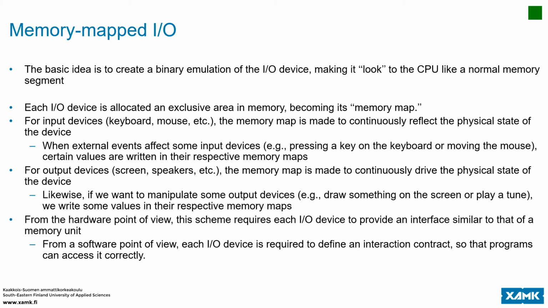And for each input device, this memory map is made to continuously reflect the physical state of the device. So when some external event happens on an input or output device, for example on your keyboard, that external event could be pressing a key, or for your mouse it could be moving the mouse, or for the screen when something is drawn on the screen.